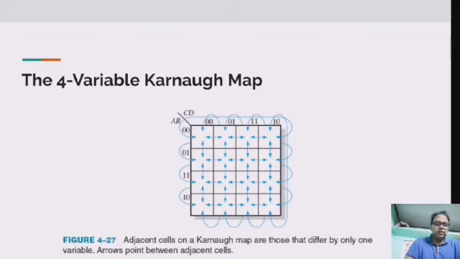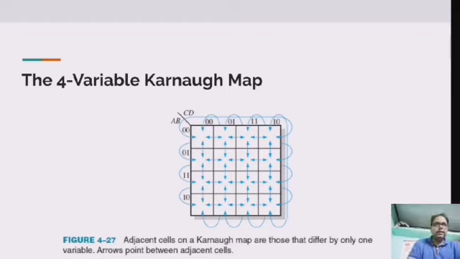So how can you define adjacency physically? There will be four sides, and whatever cell is on those four sides is the adjacent cell in K-maps also.